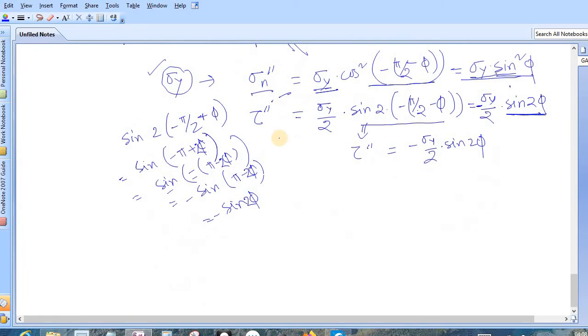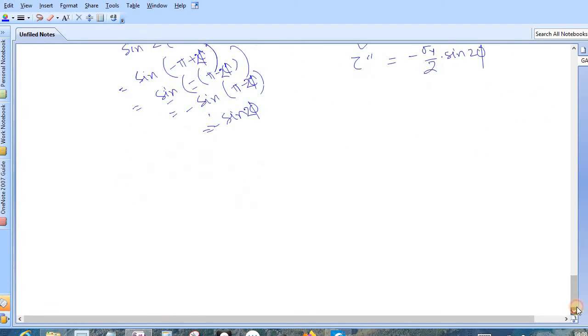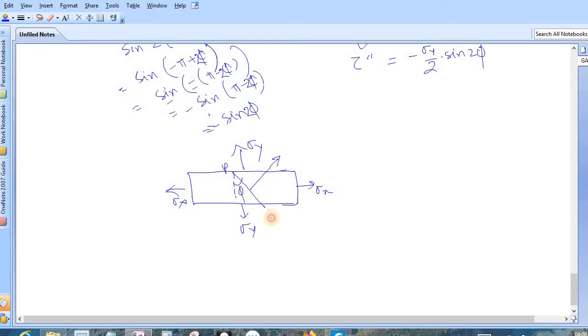Clear? So what is the total stress which is acting on this plane? If this was your member and this was your plane which is making angle phi, this is sigma x, this is sigma x, this was sigma y, this was sigma y. So what is the normal stress in this plane, let's say this is PQ? Normal stress sigma n is equal to sigma n dashed plus sigma n double dashed.